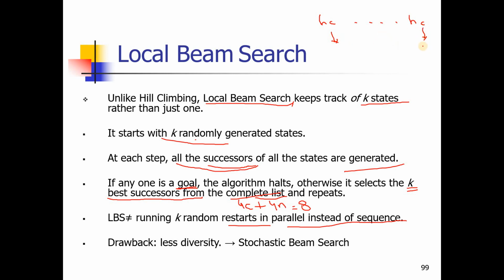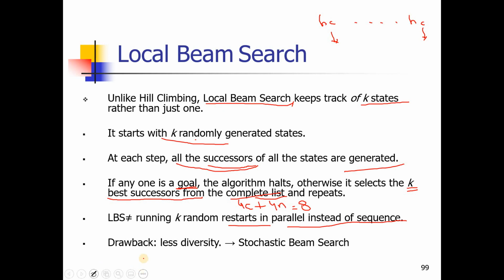They don't share anything. So if one starts on one side of the state space, it will most probably stay over there. Another will stay on another side. They have no feedback. Clear? Whereas in local beam search, they are connected with each other. I hope this point is clear.